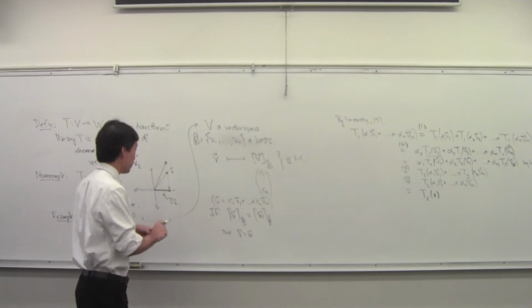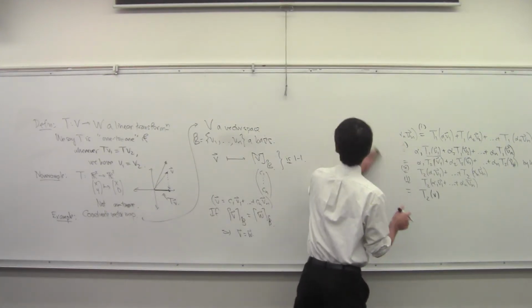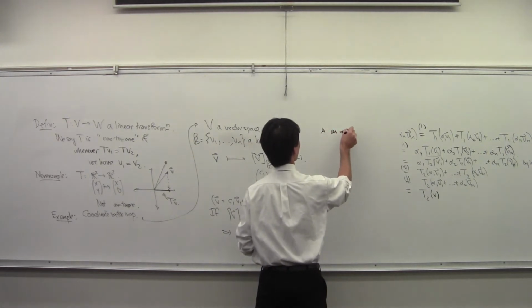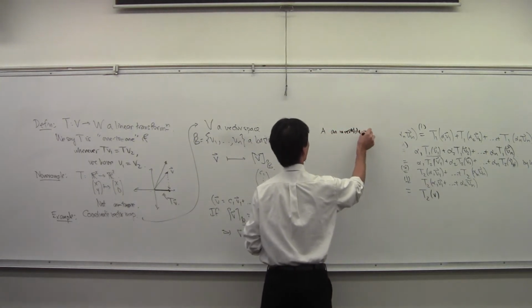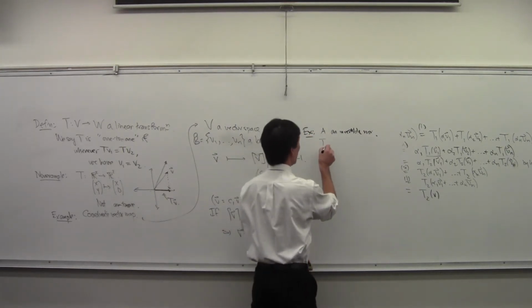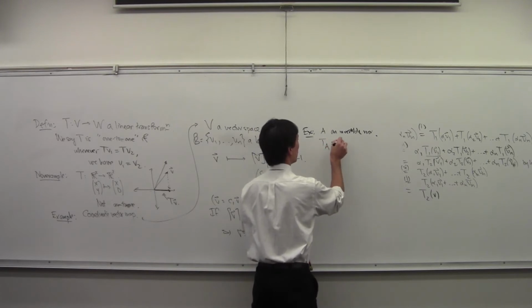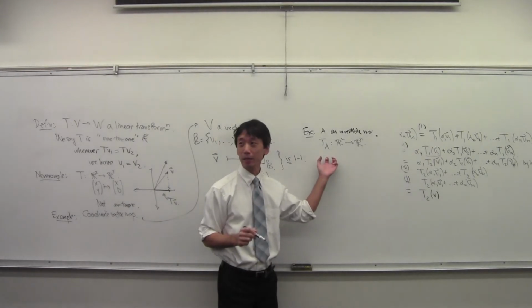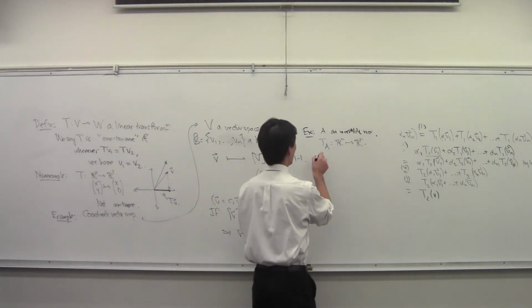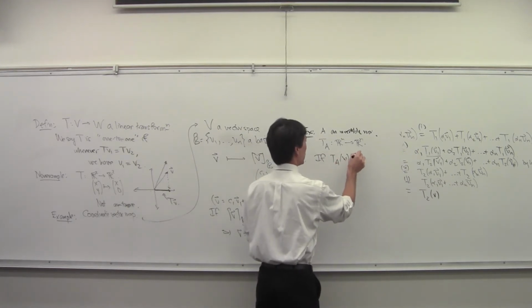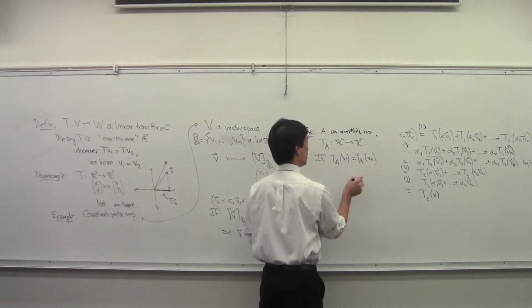Or maybe here's a simpler example. If I have an invertible matrix A and I talk about the left multiplication by A, if TA of V and TA of W are the same, then V and W must be the same vector.